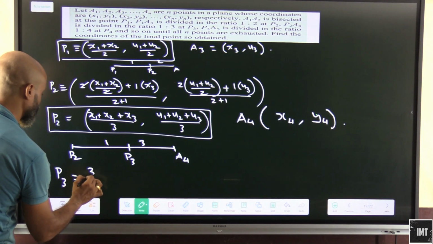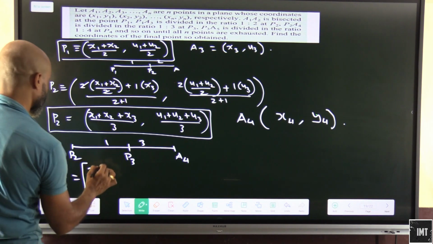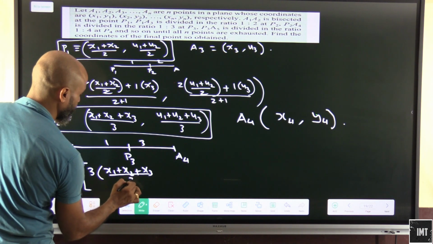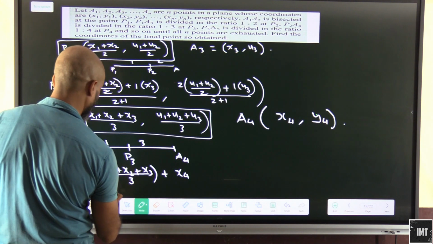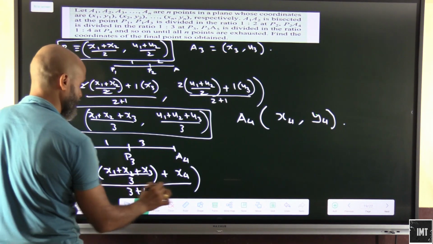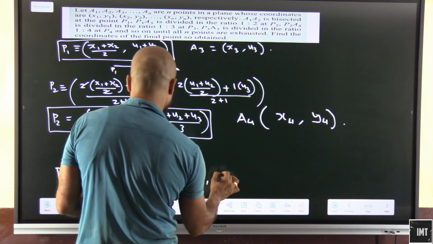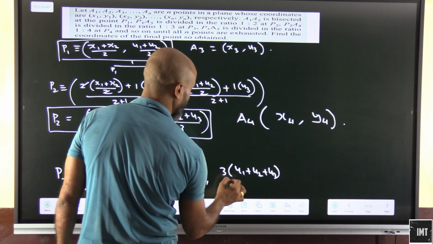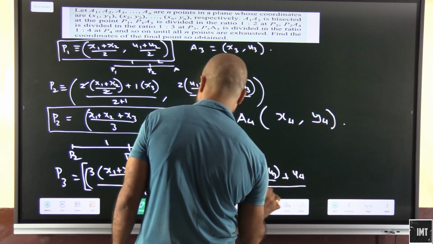p3 will be equal to 3 into p2 coordinates. p2 coordinates will be how much? (x1 plus x2 plus x3 upon 3) plus x4, upon 3 plus 1. This will be basically the x coordinate. And what about the y coordinate? Y coordinate will be the same, 3 into (y1 plus y2 plus y3 upon 3) plus y4 upon 3 plus 1.